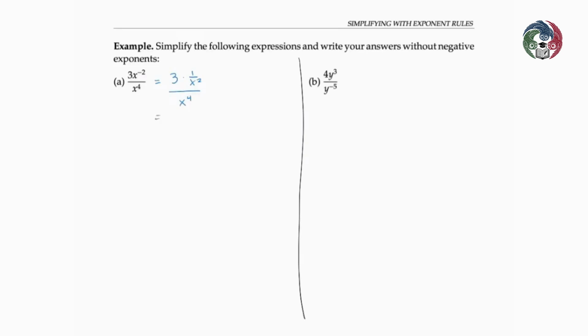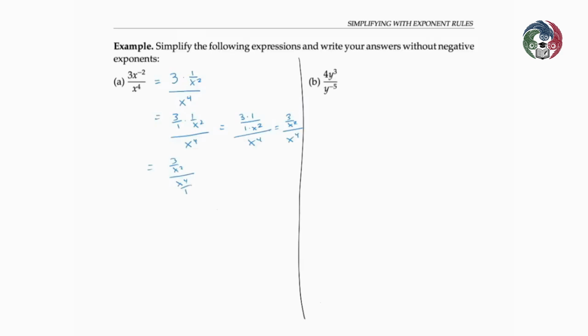Now, if we think of 3 as 3 over 1, we have a product of two fractions in our numerator. And so we evaluate that by taking the product of the numerators over the product of the denominators, which is 3 over x squared, all divided by x to the fourth. I can think of x to the fourth as x to the fourth over 1.